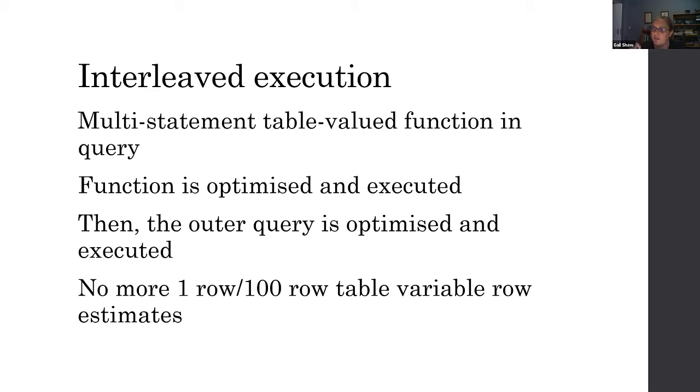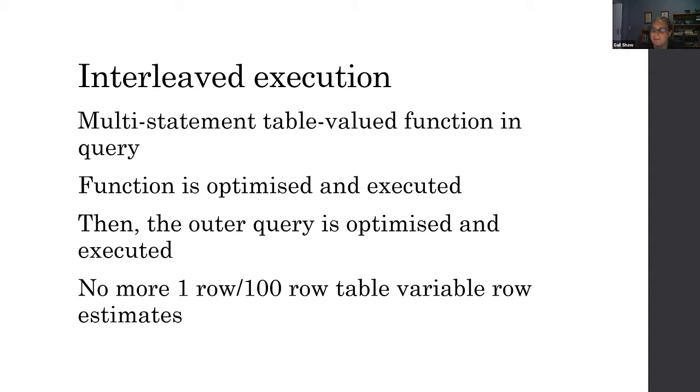With adaptive query processing, intelligent query processing, what happens is that the execution of these two is split. Instead of parse, bind, optimize, execute, it becomes parse, bind, optimize, execute, optimize, execute. We optimize the table-valued function first, the contents of the function. That then gets executed. The results of the table-valued function get put into a table variable.